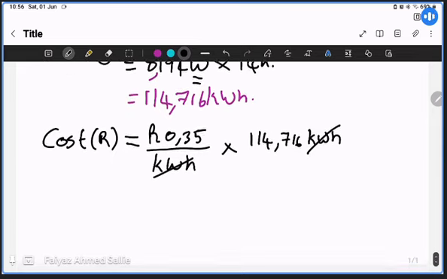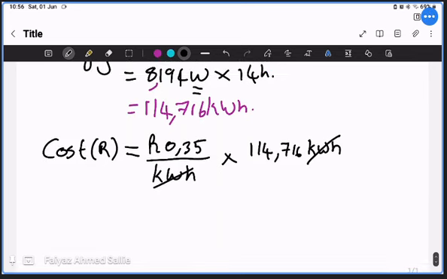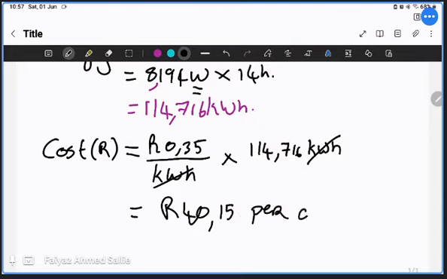I hope you guys still remember dimension analysis. It's very important for the course and moving forward. So the final answer is going to be 0.35 multiplied by 114.716, and we have an answer of 40 rand per day.